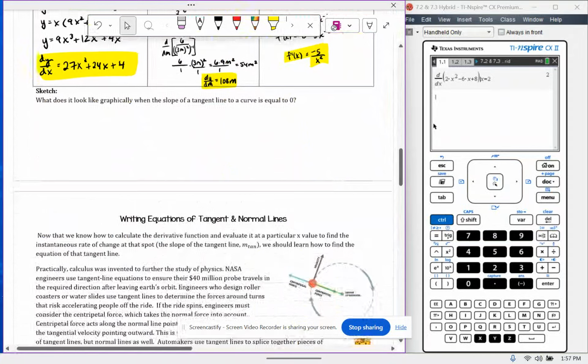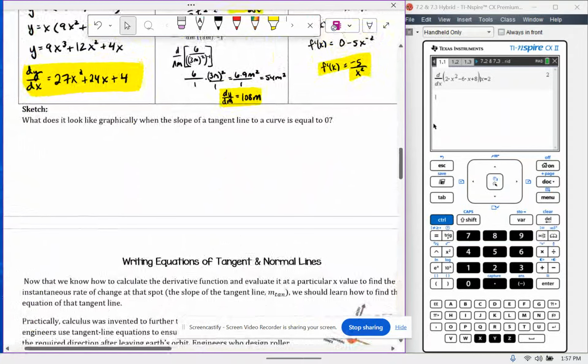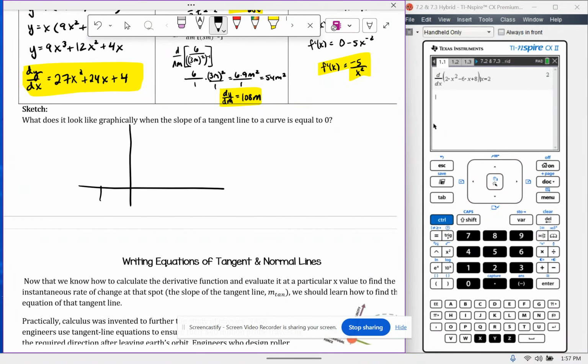Cool. So, thinking question. What does it look like graphically when the slope of a tangent line to a curve is equal to 0? Well, let me give you a little sketch here, okay? Remember, a tangent line is like I draw it, it touches once. Where do you think a tangent line would have a slope of 0 on this guy?